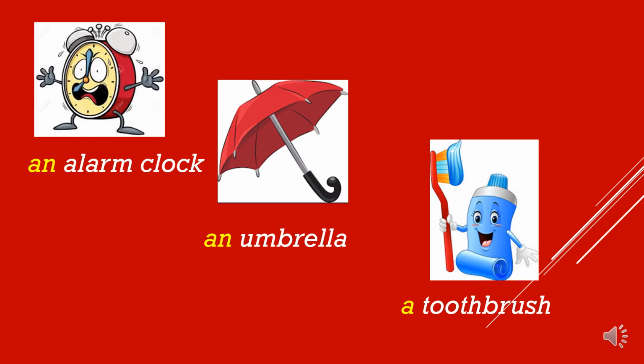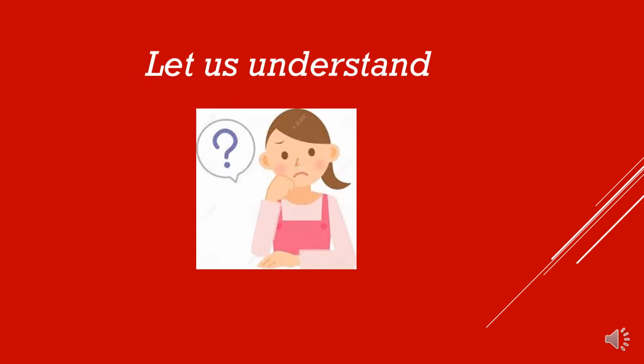Do you know why? Let us understand. First of all, when we talk of articles, the first thing that comes to our mind is vowels and consonants. What are these vowels and consonants?